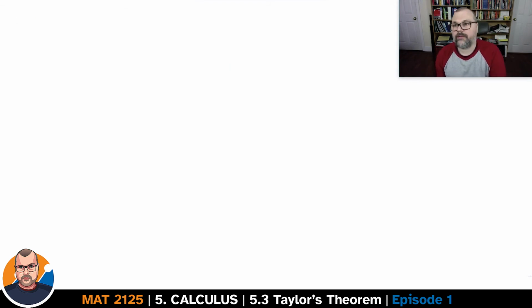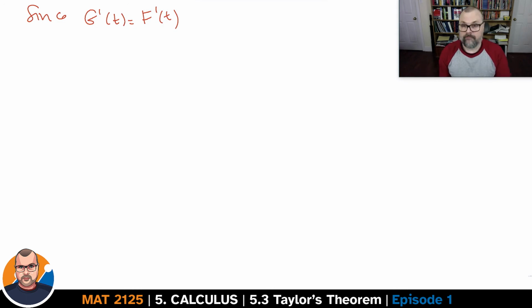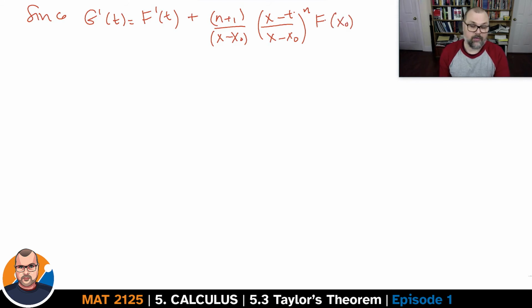Since the derivative of this function exists, that is going to be the derivative of capital F plus n plus 1 times (x minus x0) times (x minus t) to the power n over (x minus x0) to the power n plus 1, using the chain rule here on the original term.